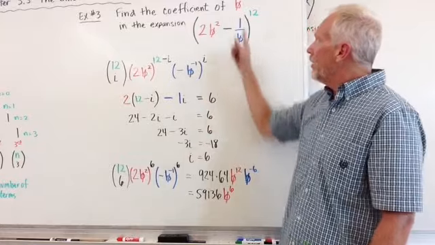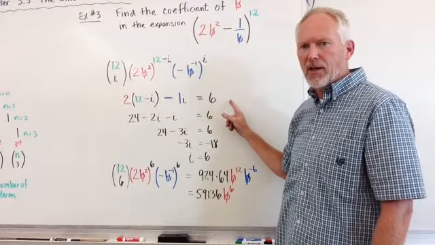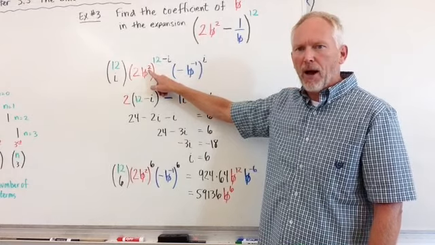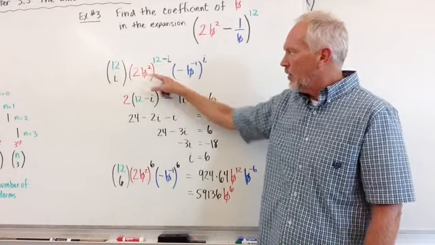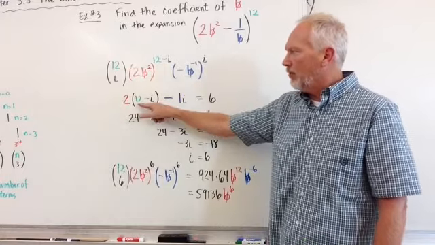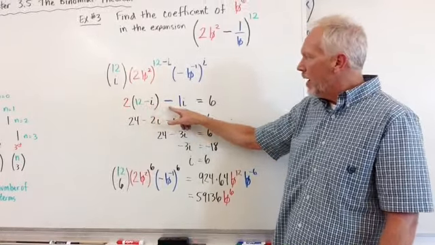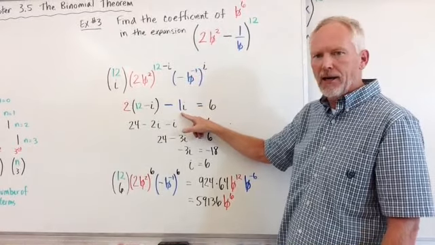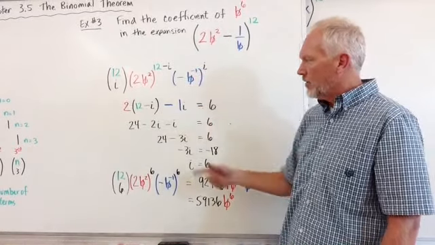So what do we want? We want that exponent to equal 6. We take the inner power here, 2, because we're dealing with all the b's now: 2 times 12 minus i, minus i, equals 6.